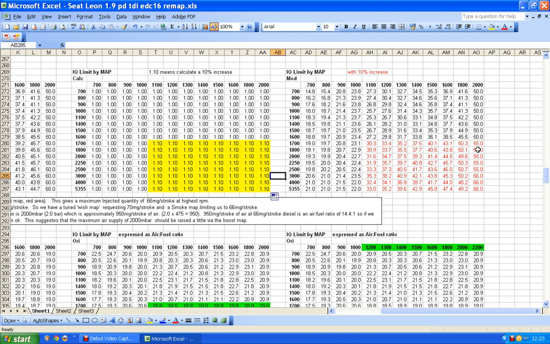Okay, now if we look at what's happened, my 10% increase has given me obviously a 10% increase in fueling, and it's given me a region of somewhere in the area of 55 to 66 milligrams per stroke of fuel.